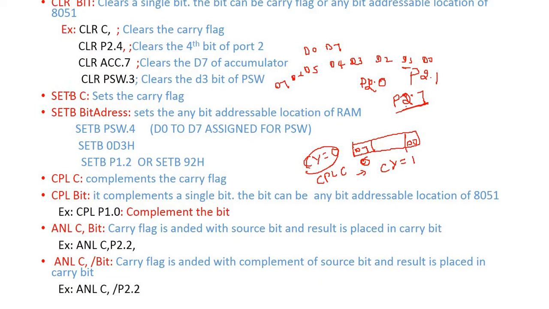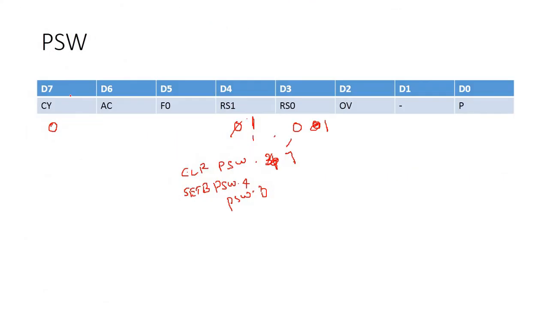Before explaining the next instruction, we'll see some examples on using the clear and the set bit. Okay, so we'll take the example: move the accumulator to R7 of register bank 1. Is it clear?